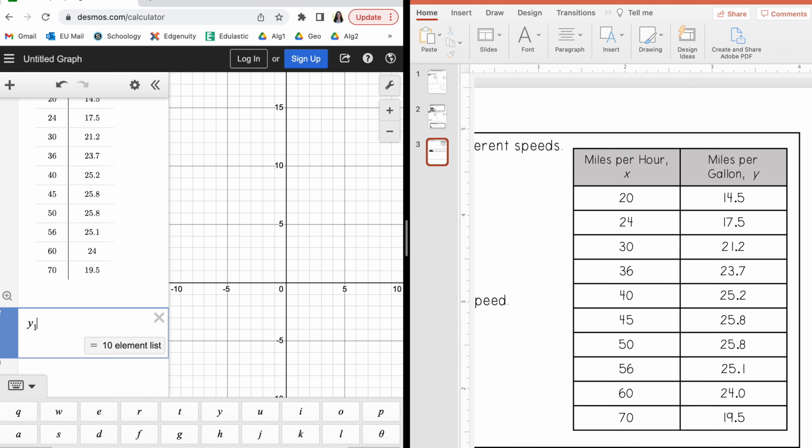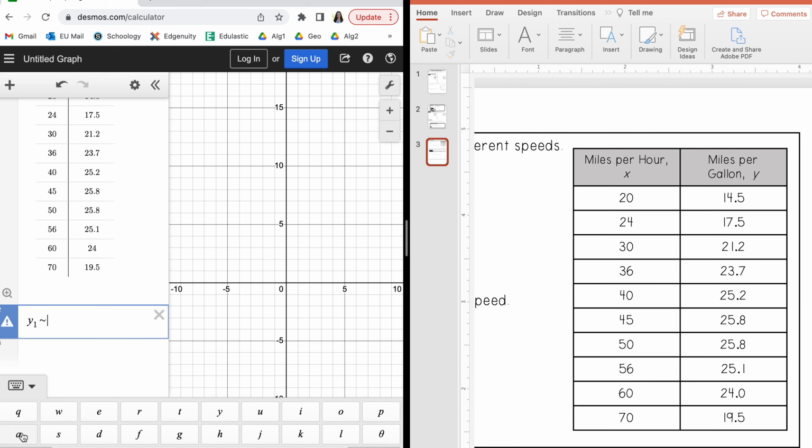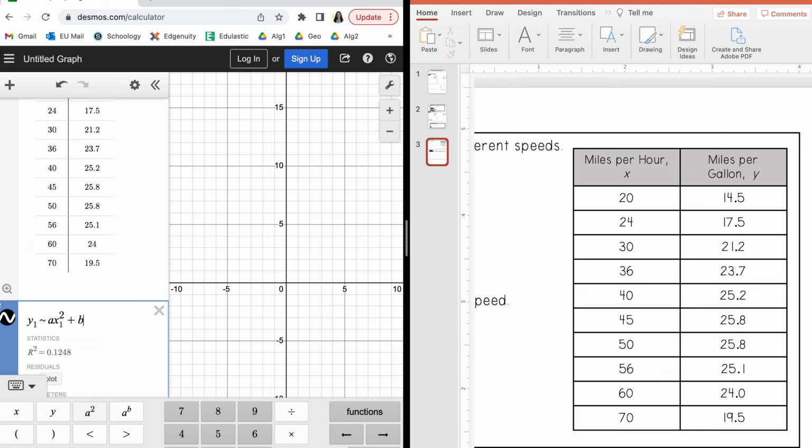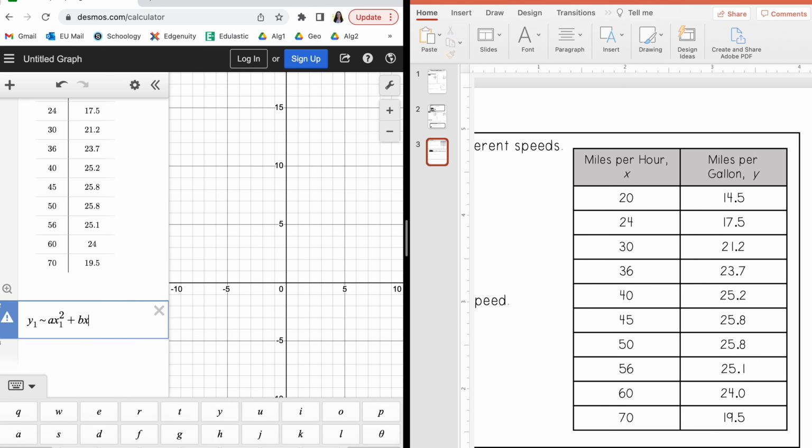I'm going to hit approximately A, and then if you click X and then click this A, B button, that will give you the subscript. To get out of the subscript, click your right arrow. And then I want to square this, plus bx1, the subscript again, hit right arrow, and plus c.